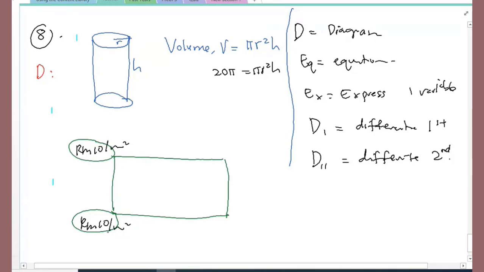The side costs RM 8 per meter square. So now find the radius and height, the most economical.